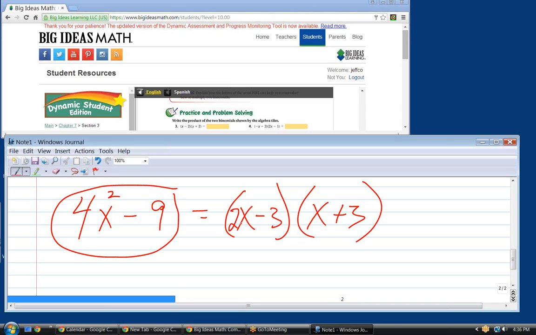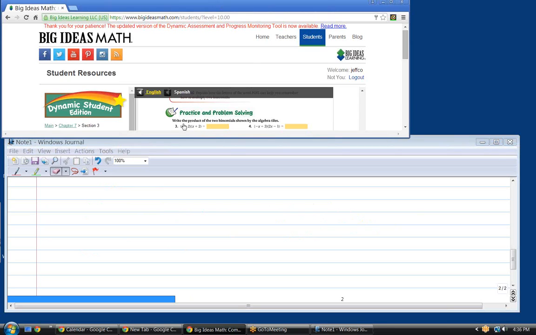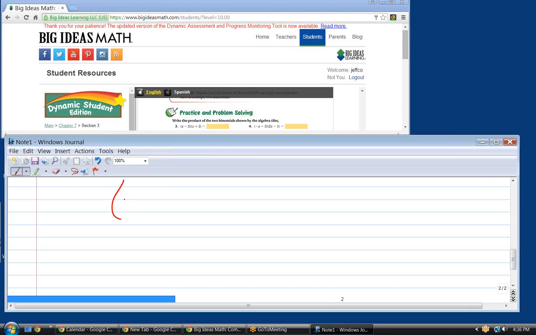That's going to factor into 2x minus 3 times 2x plus 3. All right. That's the way difference of perfect squares works. Now, granted, we are starting with the beginning. In other words, multiplying two binomials together. So that's a little bit advanced. Let's look at number 4, which is not difference of perfect squares factored. But we're going to be able to use our every term by every term.